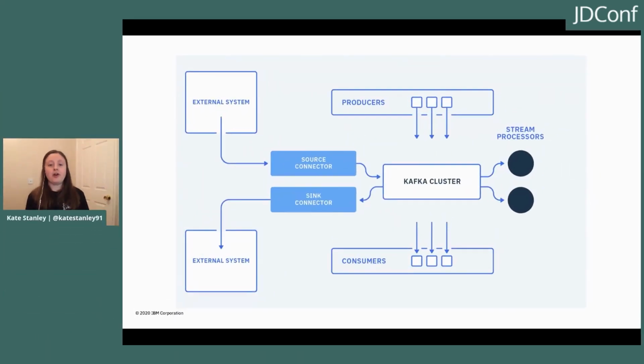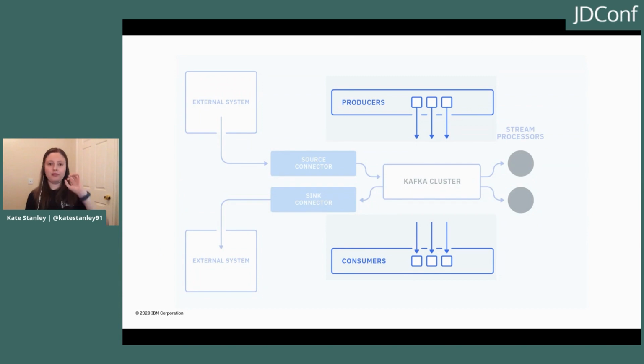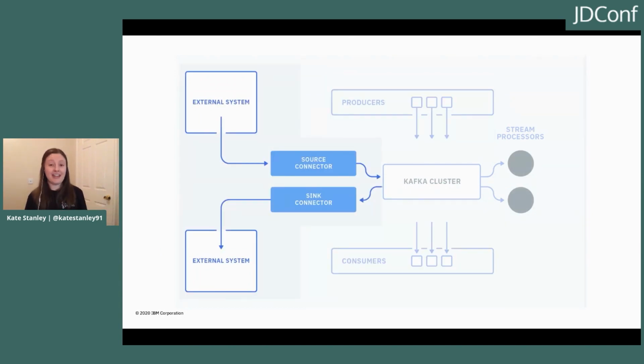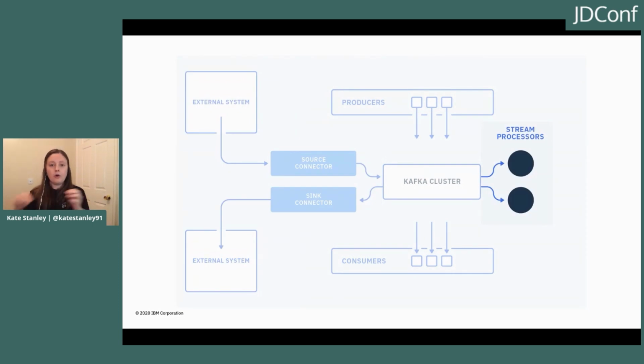So in Kafka, we have three different types of applications. We have producers, consumers, they're the standard ones you start with. We have Connect, which allows you to pull from external systems and go into Kafka or go out the other way. And we have Streams. All of these different types of applications have different configuration options for you to tell it how to serialize and deserialize the data.